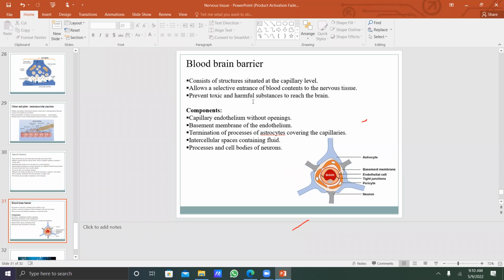That's why certain drugs and certain toxic substances can't reach the brain under normal circumstances. Okay.